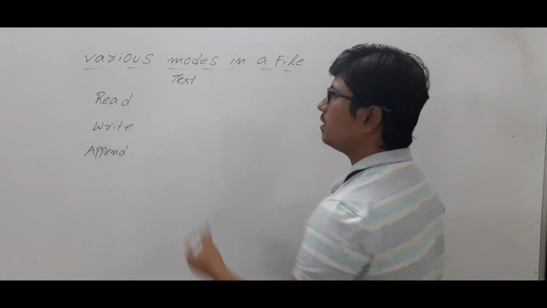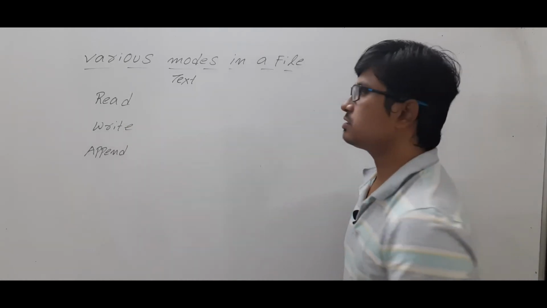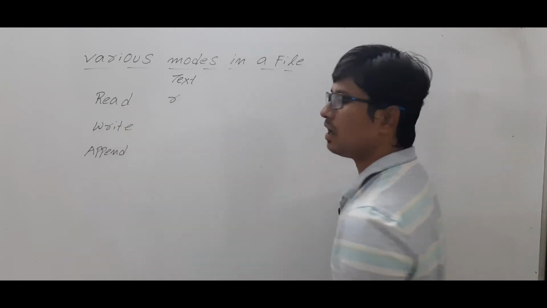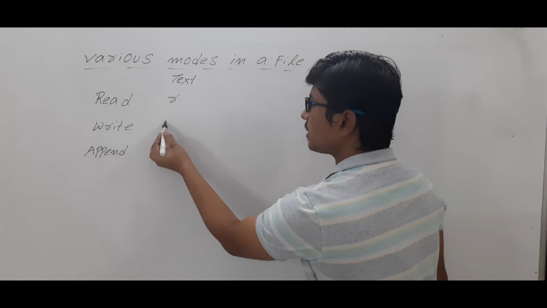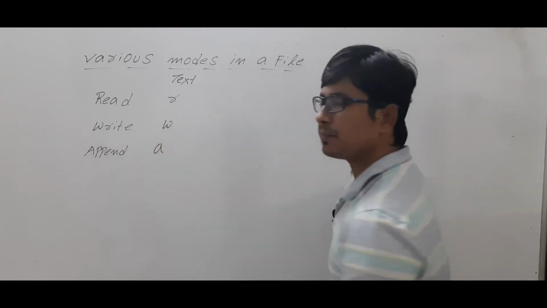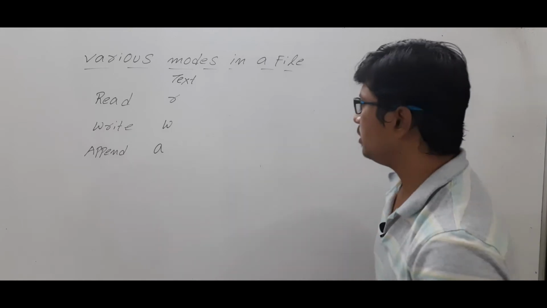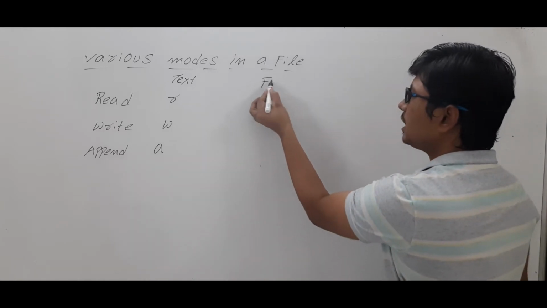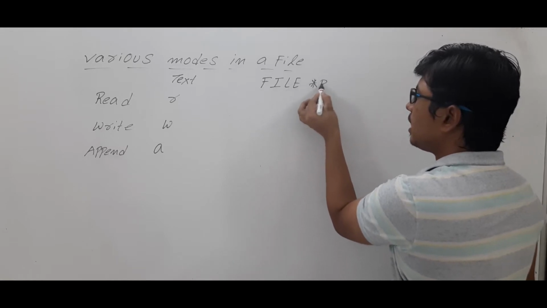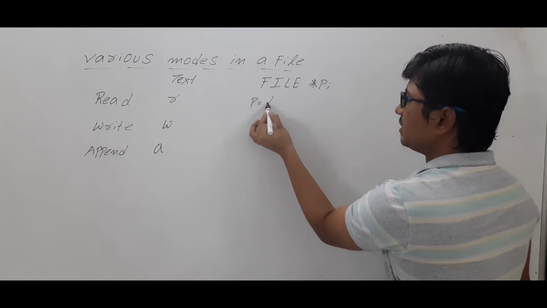In text files, if you want to open the file in the read mode, you have to specify it as r. If you want to open it in the write mode, you have to specify it as w. If you want to open it in the append mode, you have to specify it as a. For better understanding, let me declare a file pointer called P and open the file.